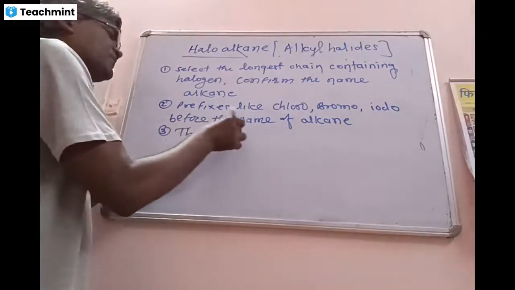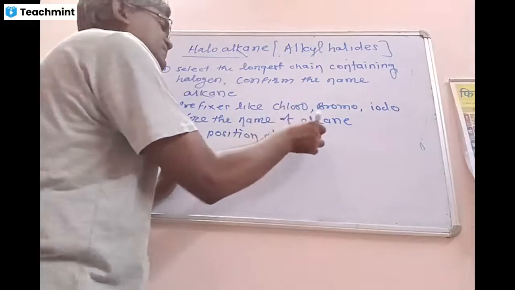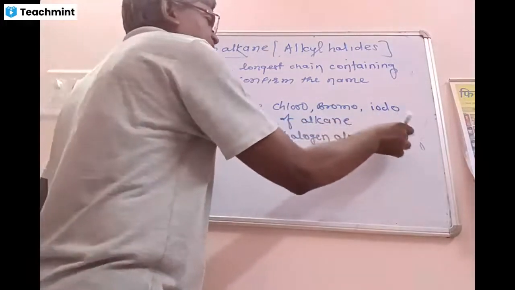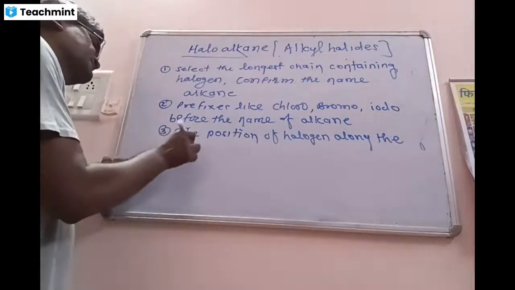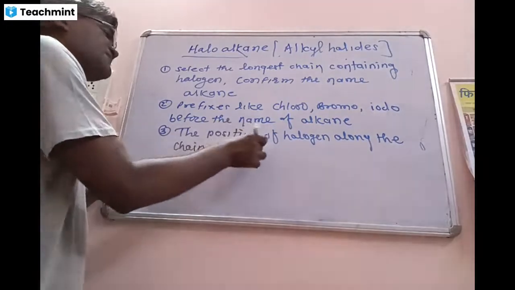Then we are considering the position. The position of halogen along the chain is indicated by the least possible number.